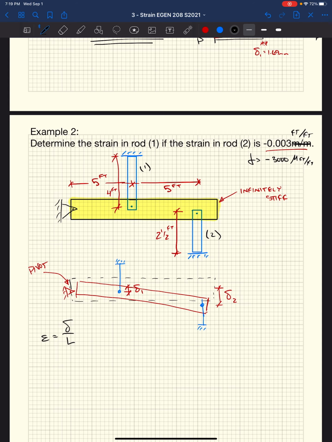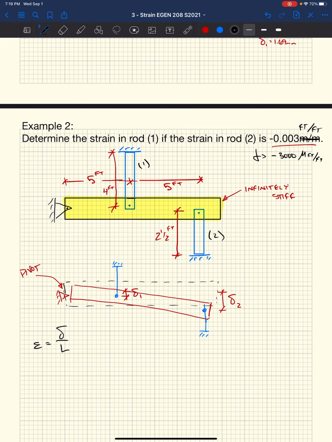If we boil down our little diagram into even simpler terms, we have a triangle, and at rod 2 we have delta 2. And because this beam is infinitely stiff, as it rotated downward, we're going to have 2 straight lines. We have a straight line here and a straight line here. It's essentially the same fixed rod.